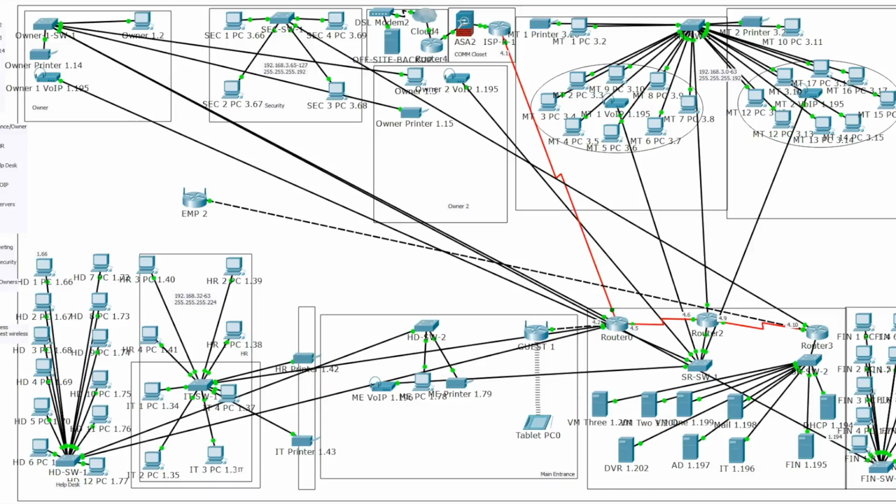So the first step in our network was to find out which networks we were going to use in our topology. And to do that, we used VLSM, which is variable length subnetting, to set up which networks had to go where to keep it relatively flat.